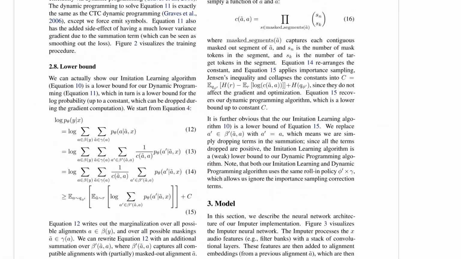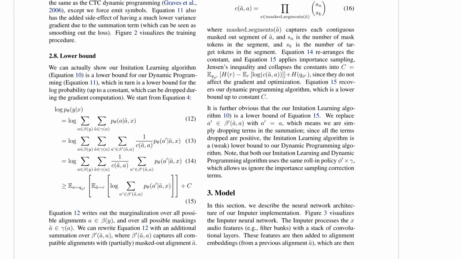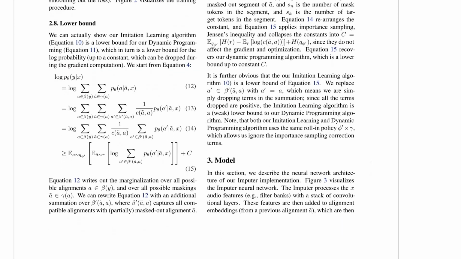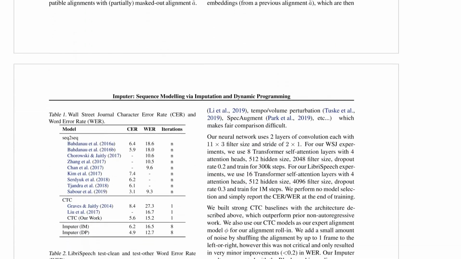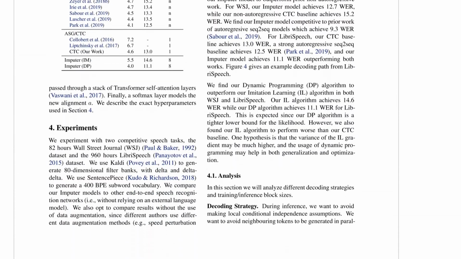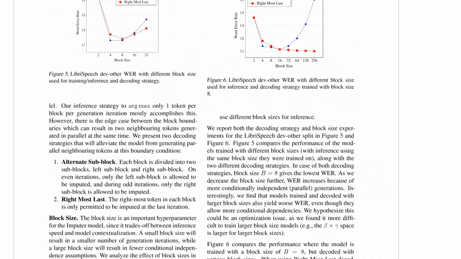And they stress that their loss is actually a lower bound on the loss. So I shouldn't be too hard when I say it's not the correct distribution. They do minimize some loss that actually makes sense.